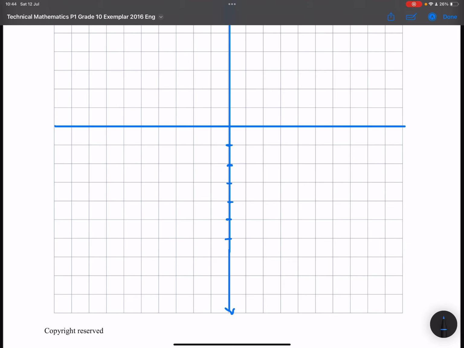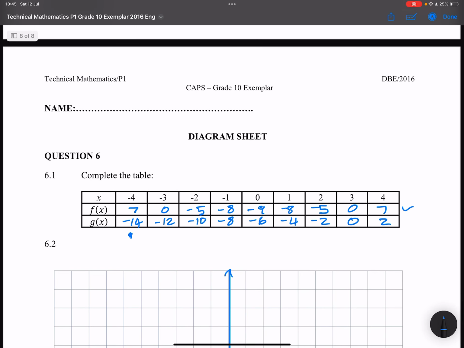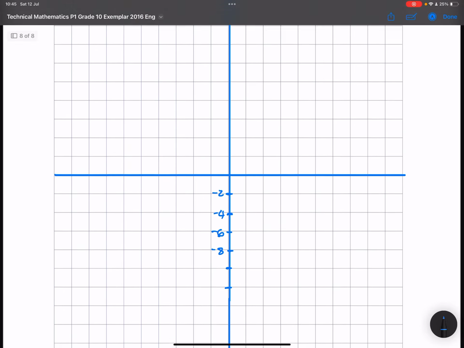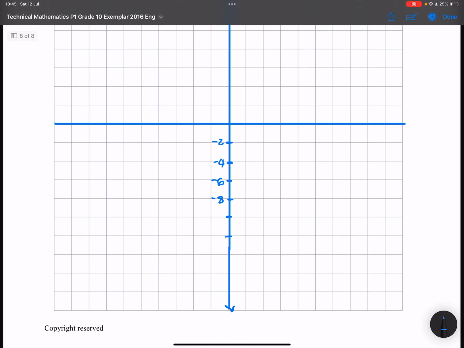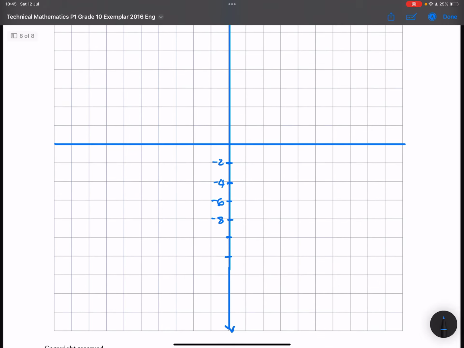So that's -2, -4, -6, -8, -10, -12, -14.